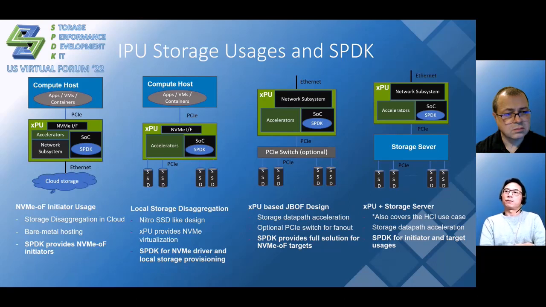Often this requires repartitioning the storage target software stack. You move some of the front end processing into the XPU to make the best use of accelerators like compression, crypto, CRC, and hash offloads. So that's one interesting thing: repartitioning the software stack to make the best use of the IPU.